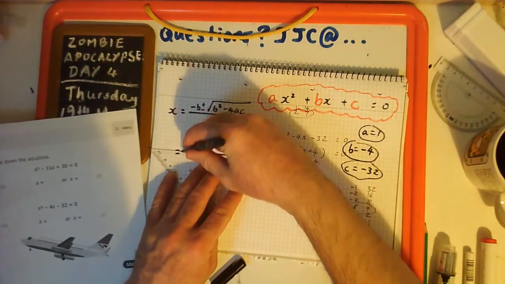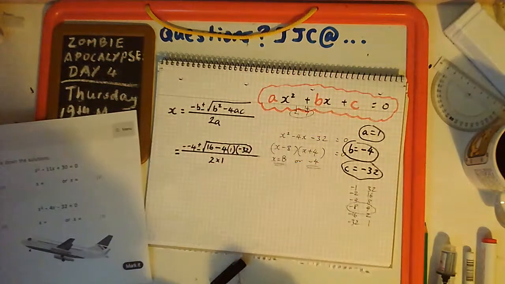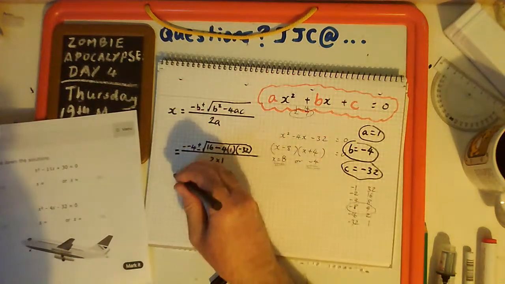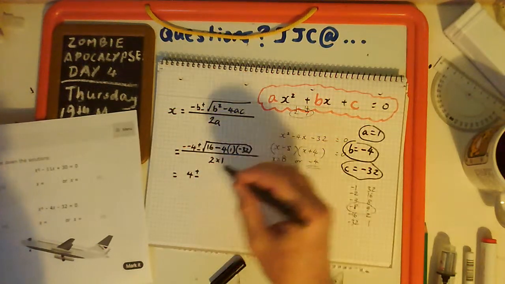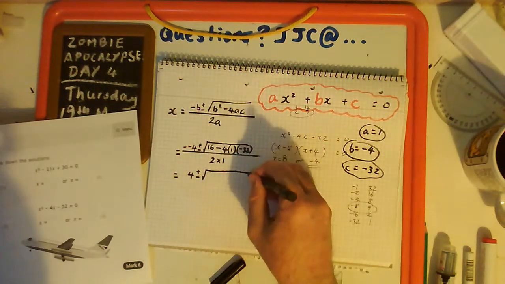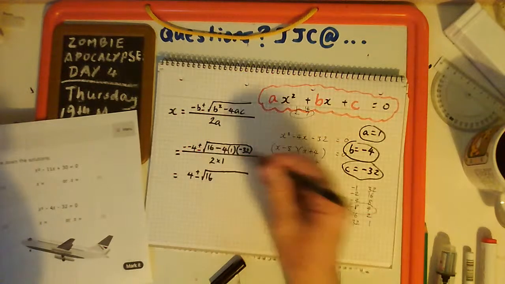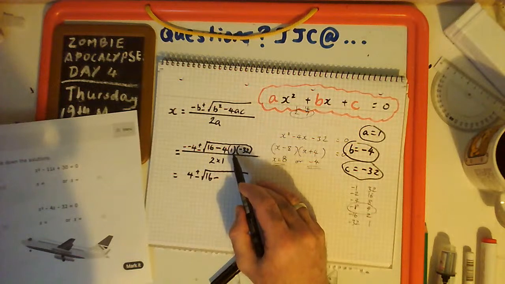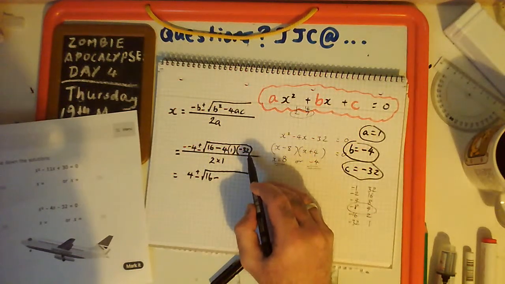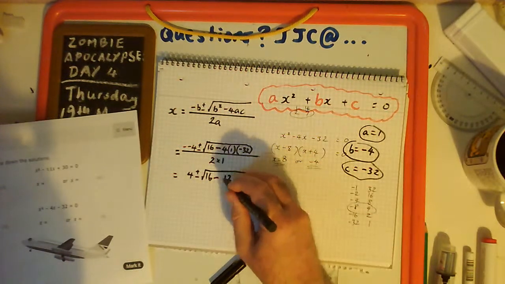Okay, so let's just try and tidy that up a bit. So minus minus 4, minus minus makes plus, so that's just the same as 4. Plus or minus the square root of 16. So I've got a minus in the formula, and then 4 times 1 times minus 32 makes minus 128.